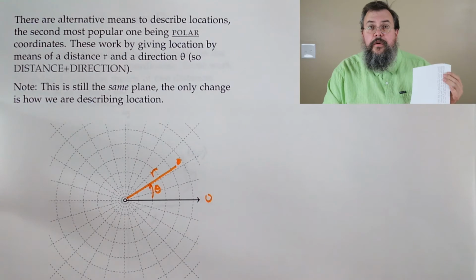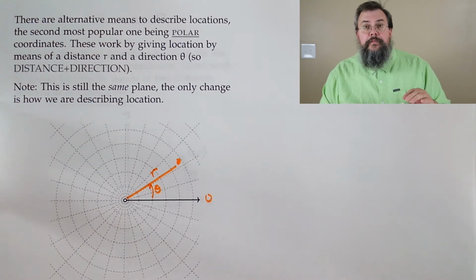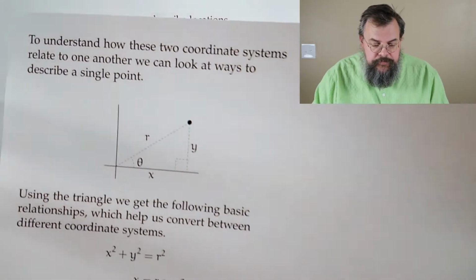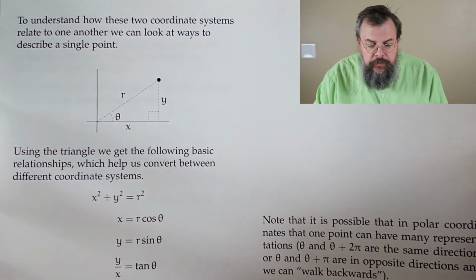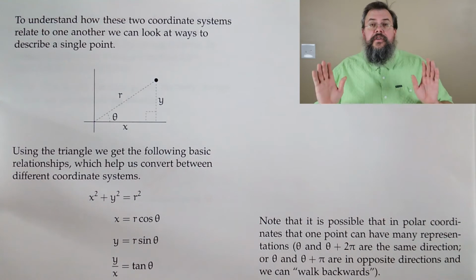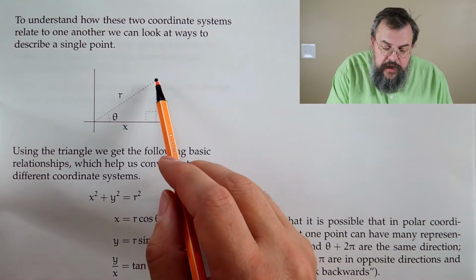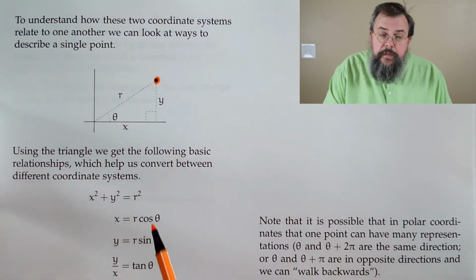Now, we have two coordinate systems. How can we get back and forth between them? So that's the next thing. What we can do is essentially lay them on top of each other. And so we say, look, here's the point we're after. It's one point.